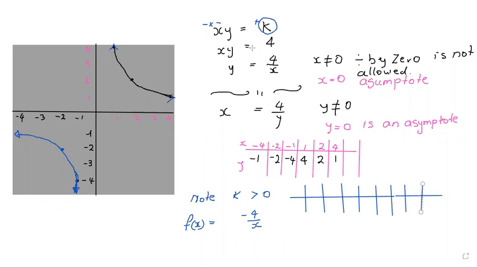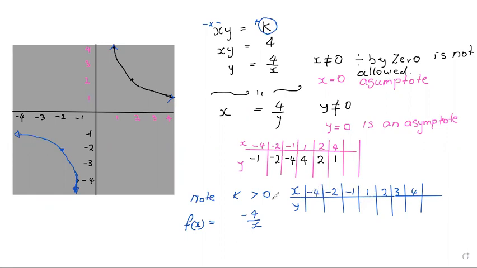And that will be our x. That will be our x. And that will be our y here. So 1, 2, 3, 4, minus 1, minus 2, minus 4.